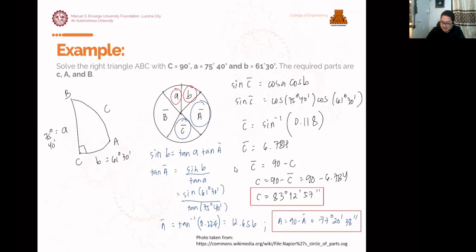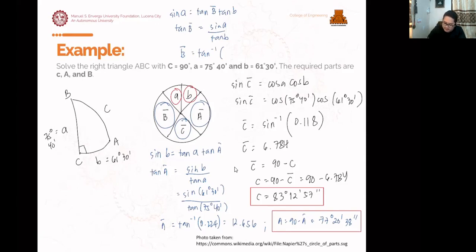The last one is bar B. For bar B, our given parts are these, so they are adjacent, and we can still use the sine tan rule. But our middle part now is the letter A. So, sine of A is equal to tangent of B times tangent of small b. So, tangent of bar B will be equal to sine A over tangent B. So, B is equal to tangent inverse of, I'll enter it directly so I don't have to write, 40 minutes all over tangent of 61 degrees, 30 minutes.